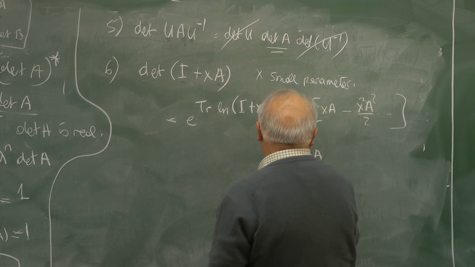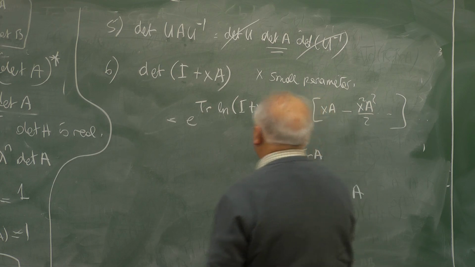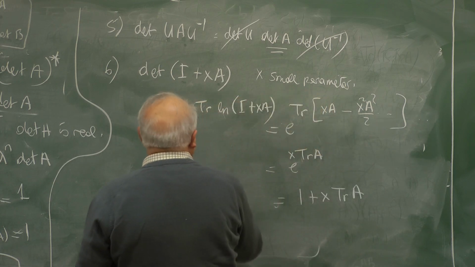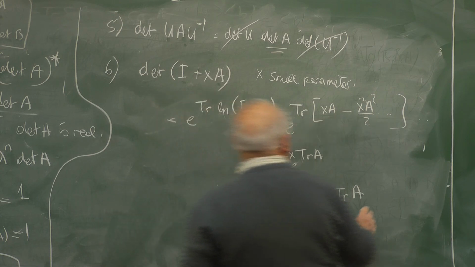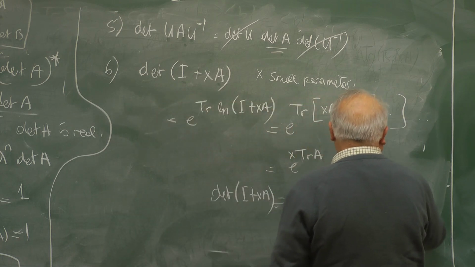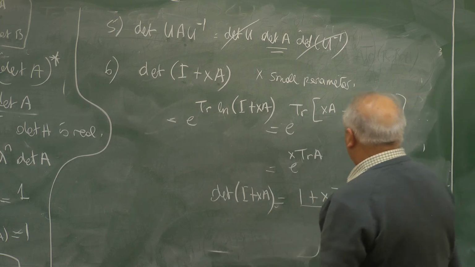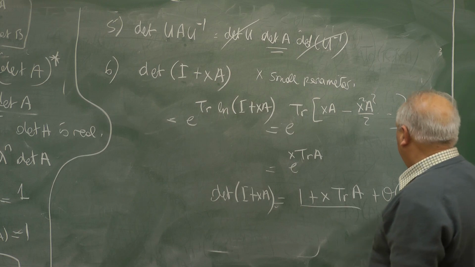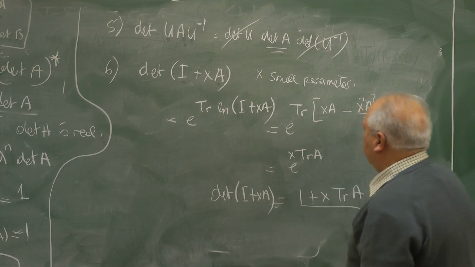This is 1 plus x trace A. So this is determinant of I plus xA to order x squared. So it's the first order approximation to determinant of I plus xA.